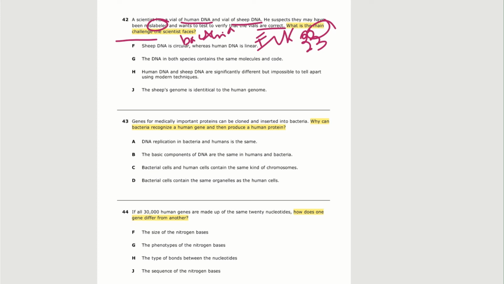The DNA in both species contains the same molecules and code. Oh man, imagine if they had the same code, then we'd probably look the same. Are you a sheep? Human DNA and sheep DNA are significantly different, but impossible to tell apart using modern techniques. I'm not sure. We have pretty good modern techniques, so that one's like a maybe. The sheep's genome is identical to the human genome.